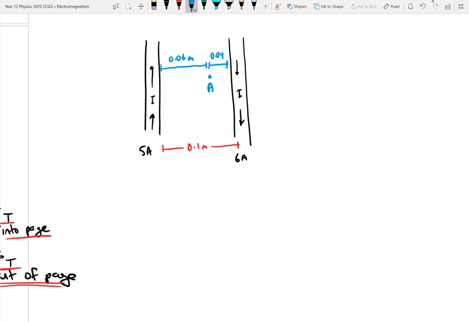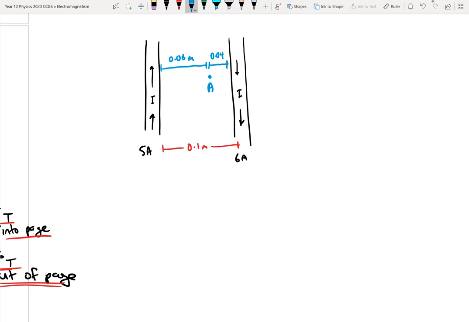Okay? So what you're going to have to do is combine the magnetic field produced by the left wire with the magnetic field produced by the right wire. Now, are they working together? Are they opposing? First off, let's use our right grip rule. So, the left wire, get your thumbs out.